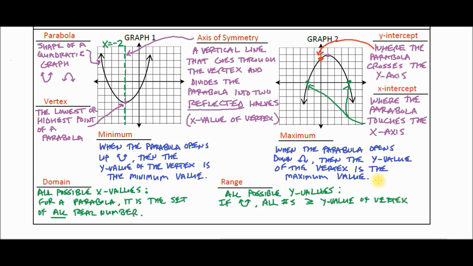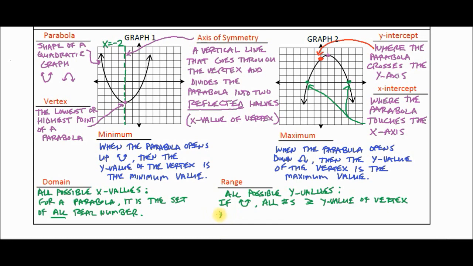And that makes sense. Take a look at our graph. Yep, all of our possible y values start from the vertex. Our vertex is at y equals -3, so it's going to be -3 and everything greater than -3.